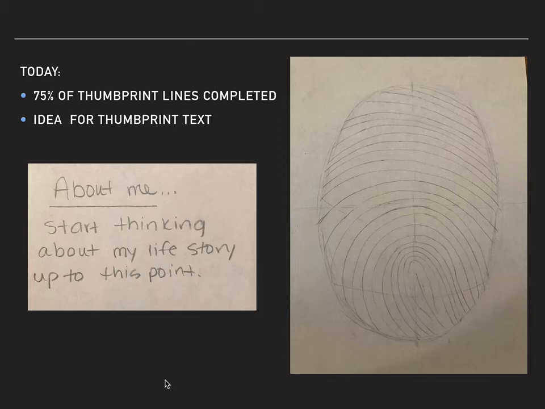I decided that I'm going to talk about my life story, so I'm going to create a timeline throughout the years of Miss Dauble, right? This is what I want to see from you today, and then next class period, we're going to continue to move forward and complete our thumbprint, maybe have more ideas and so forth.